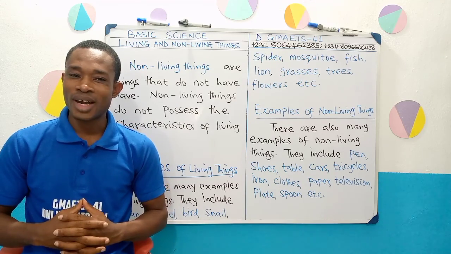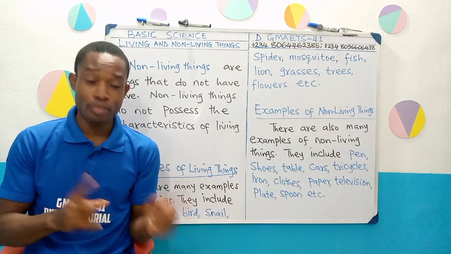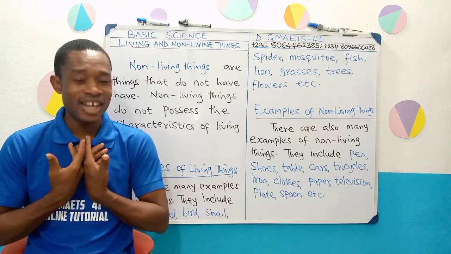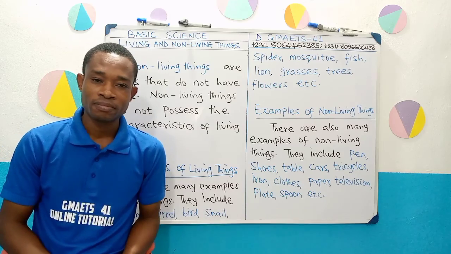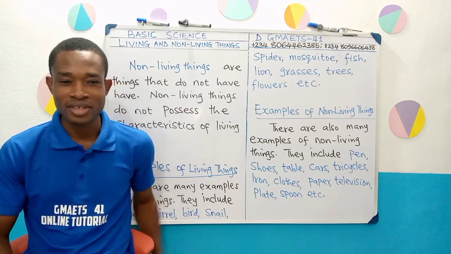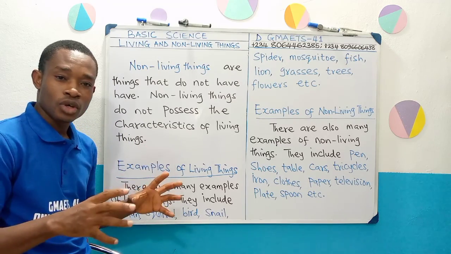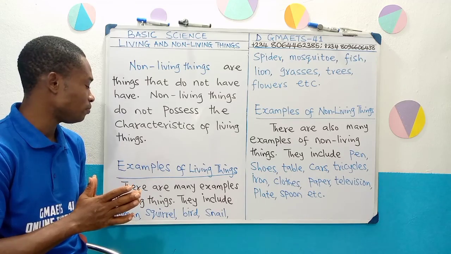And that is why you said you are not a non-living thing, but you are a living thing. That's why I am also a living thing, not a non-living thing. So remember, non-living things do not have life. Also, they do not possess the characteristics of living things.